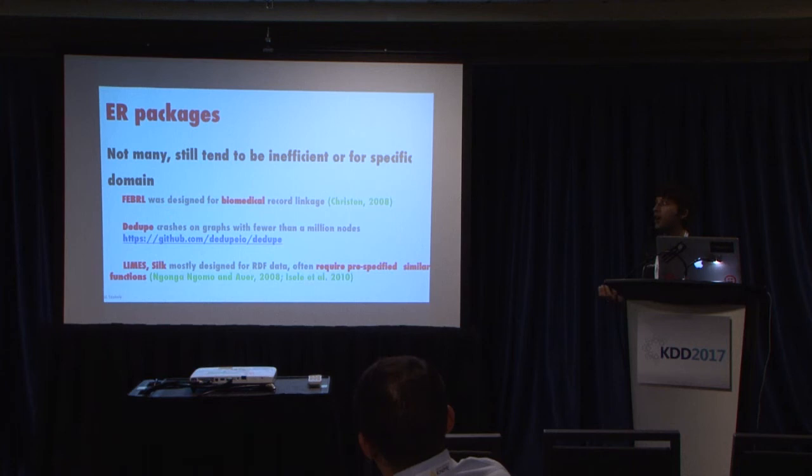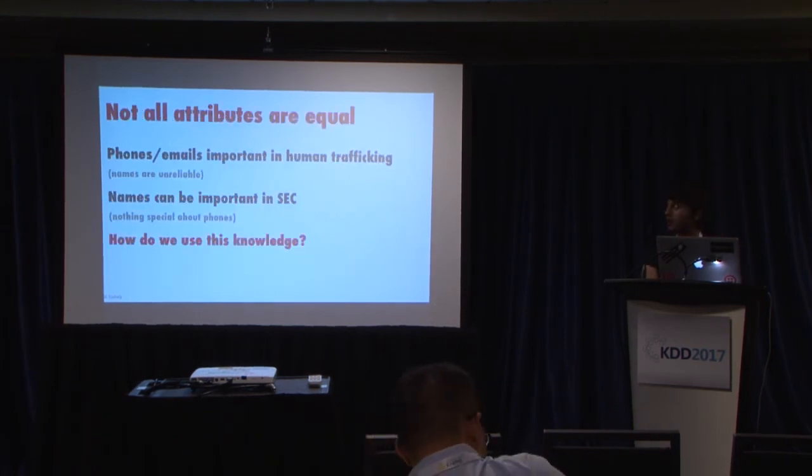We have to specify what string functions to use, what blocking keys to use. So there's really a lot of opportunity to build systems and come up with approaches that can be done by someone without a lot of programming effort, or can be done on unusual domains. So this is a research opportunity, I think.